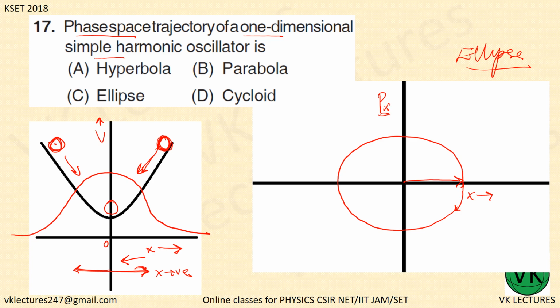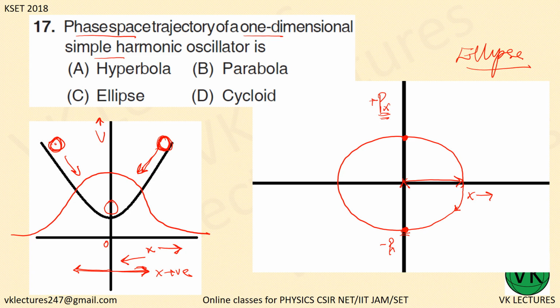So when x equal to 0, your momentum has maximum value, right? When x equal to 0, this is the point where x equal to 0. It comes at 2 points. Either it has maximum momentum, that let me write as plus px, and this is minus px.